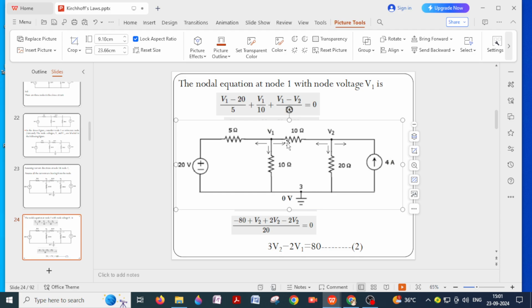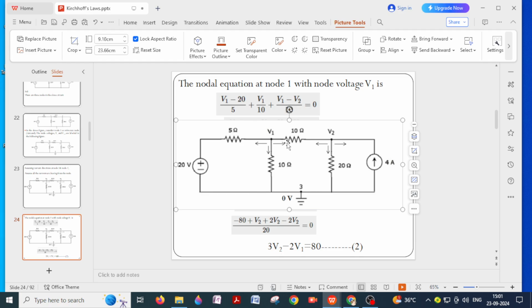KCL at node 2. If you apply KCL at node 2, all the currents are leaving. But if you observe this branch, in this branch there is a current source from which current will enter the node. But we have assumed current is leaving the node. So this current is opposite to the assumed current direction. Therefore, minus 4. Okay, this is 4 amperes.